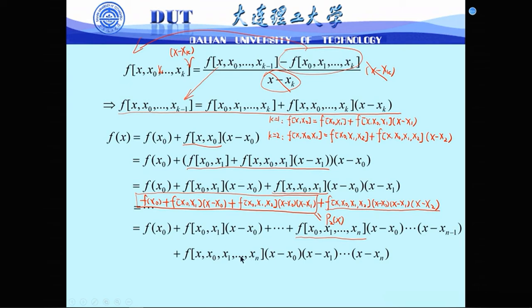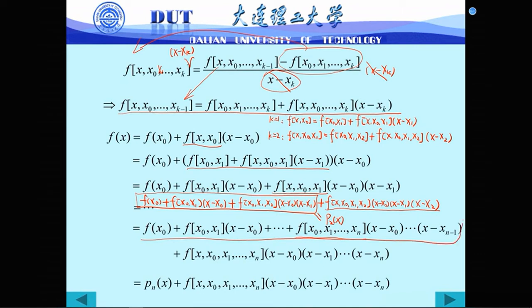It's okay? And then actually, now we know the summation of these terms is just the polynomial Pn. By the Newton formula, we obtain Pn(x). So this term is just the remainder term. Clear?